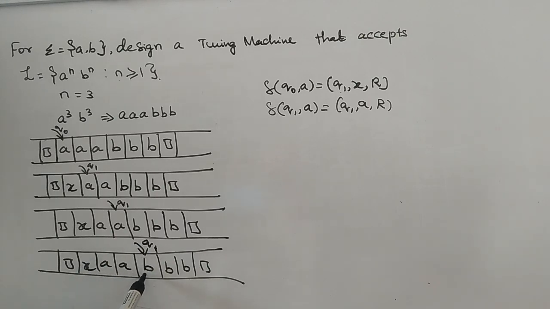Once the symbol b is encountered, I have to replace it by the symbol Y. Then I can easily understand that one a is balanced with one b. After replacing the symbol b by the symbol Y, I should make the pointer move towards left.